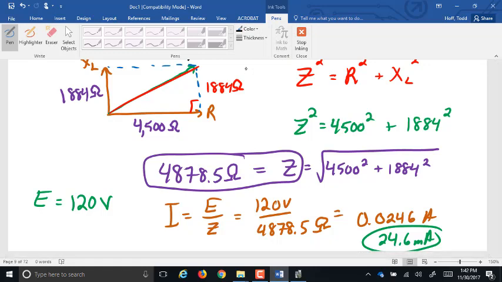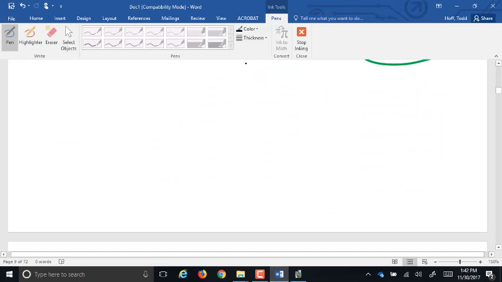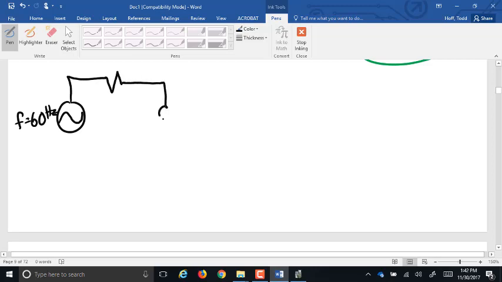Okay, I'm going to give you guys one to work on here quick. Then we're going to talk to Woods for a little bit. So this is still 60 hertz. The resistance, let's go with just 3 kilo ohms.